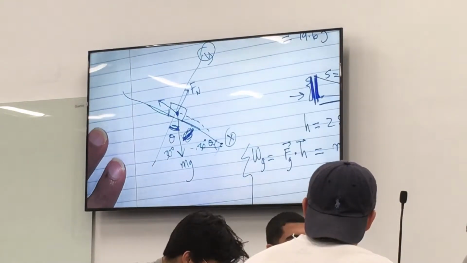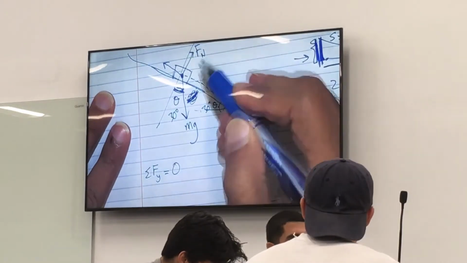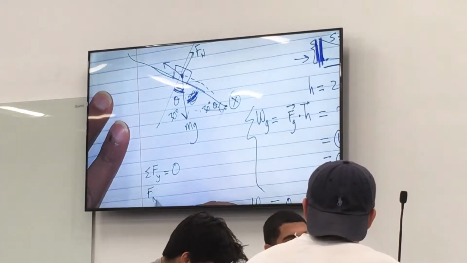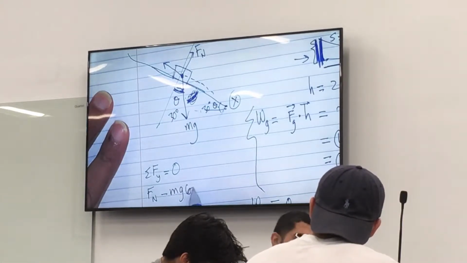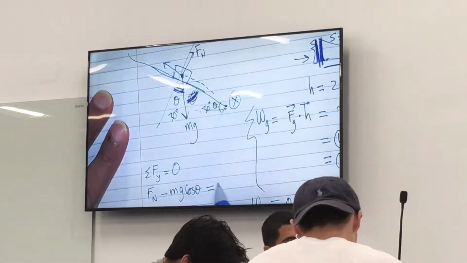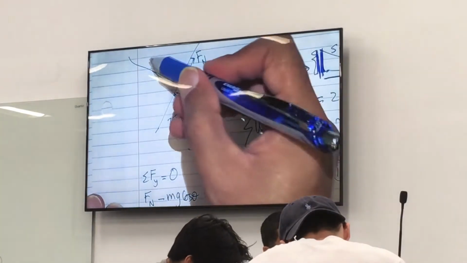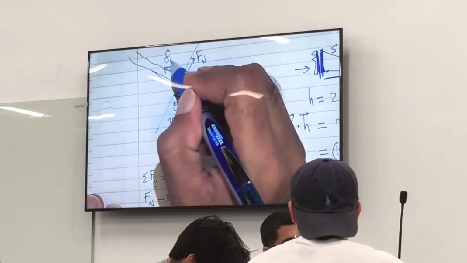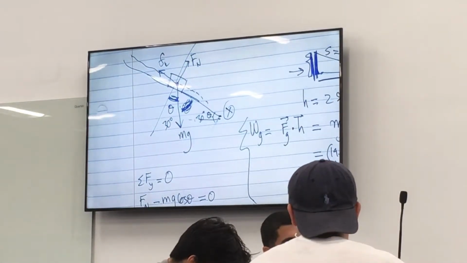Okay. So the sum of Fy equals 0, so that means Fn is y, and minus mg cosine theta is y, and those are the only y forces. Fk is purely in the x-axis, so it has no y component. So only two forces have a y component.